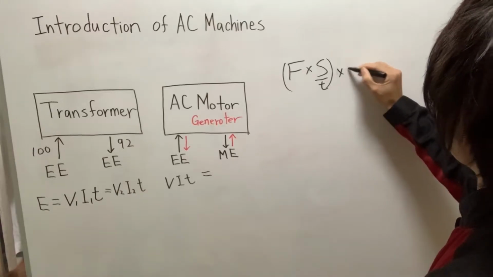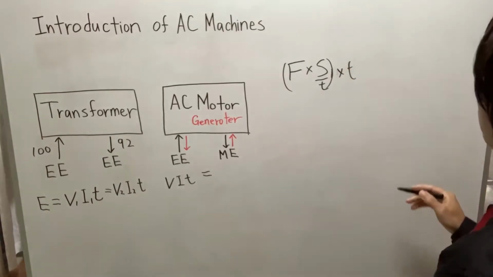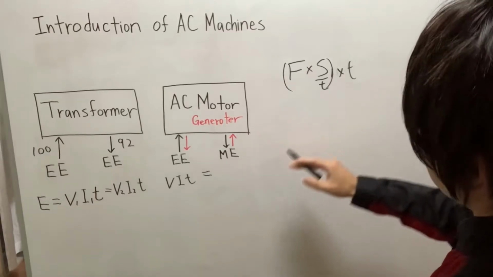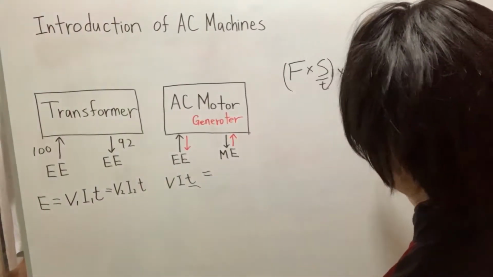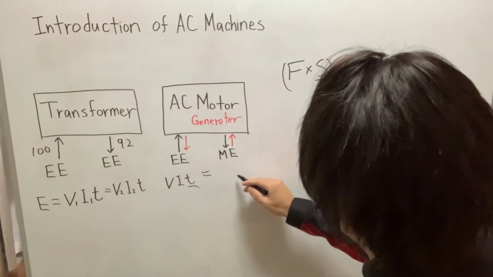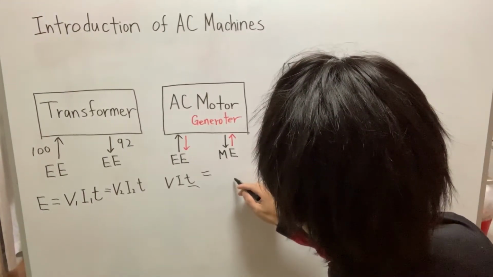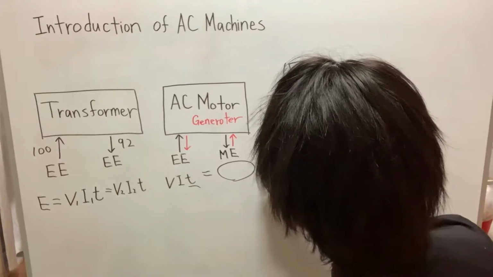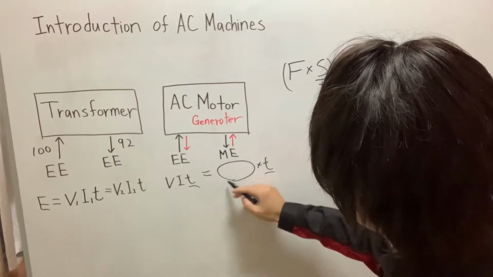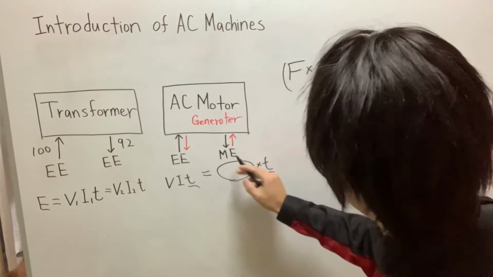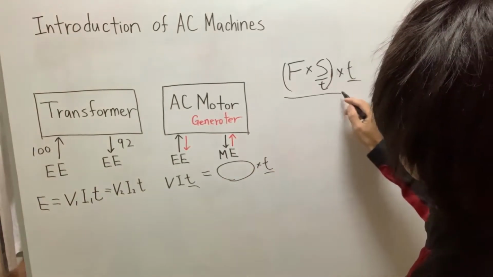Divided by t, multiplied by t, this is the same equation. And okay, here's the thing. T and t, it's the same time. So we can express it like some term times t. All right, same t.